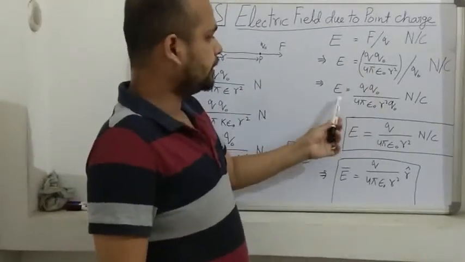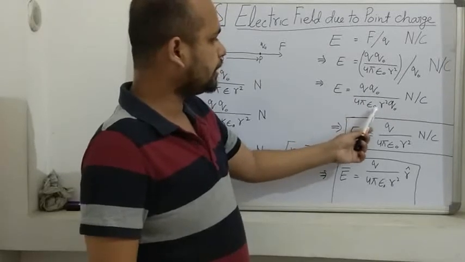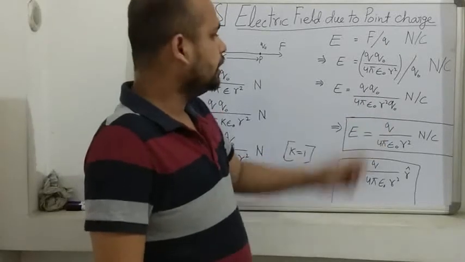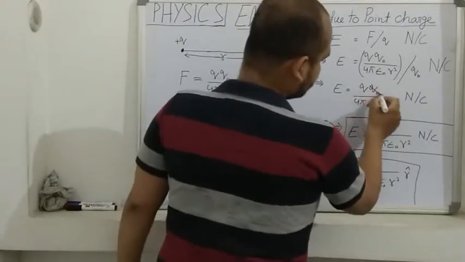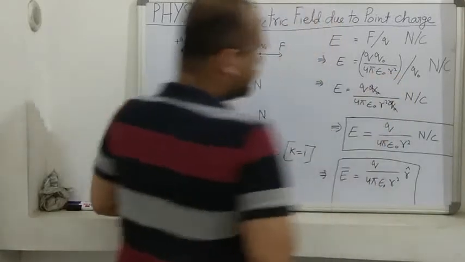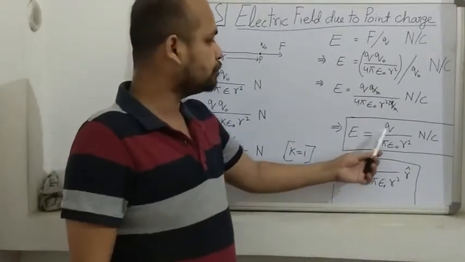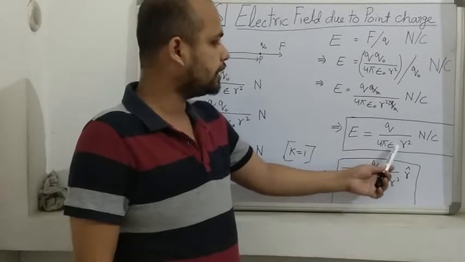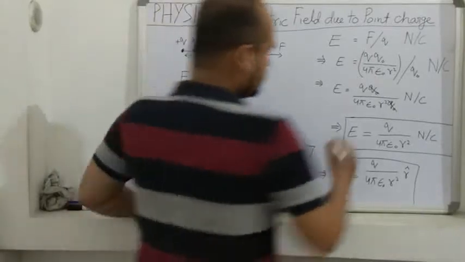This can be further written as E is equal to Q Q naught upon 4 pi epsilon naught R square Q naught. Q naught will be cancelled here. And finally, we will get electric field E is equal to Q upon 4 pi epsilon naught R square Newton per Coulomb. So this is the formula.